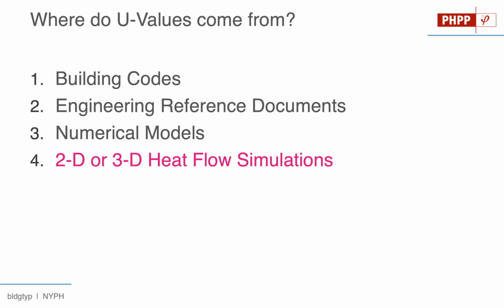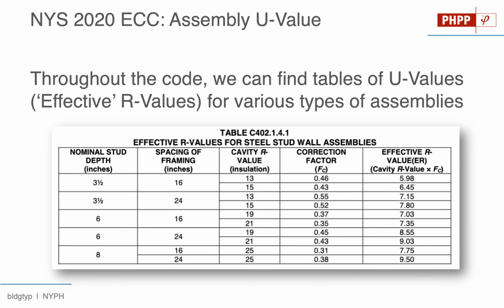But part of the complexity here is that we can actually get our U values from any of several different sources. And depending on who we're doing the modeling for, we actually might want to choose one source or another. So first of all, let's just start by talking about building codes.